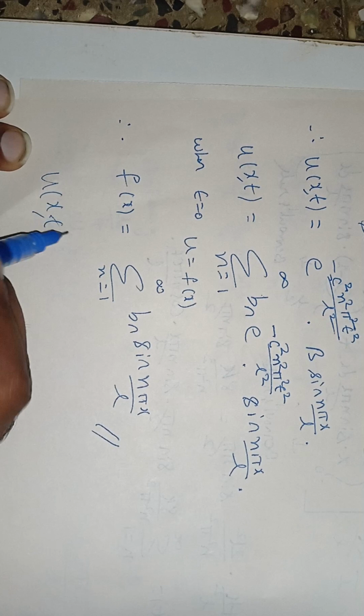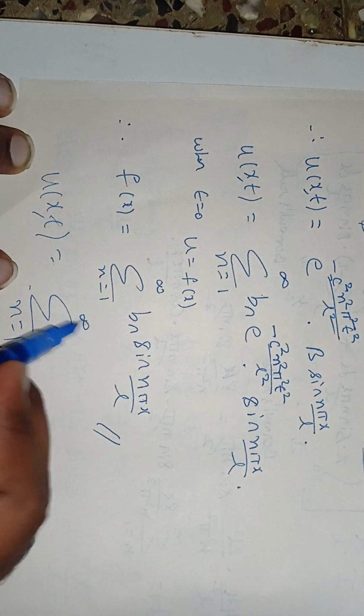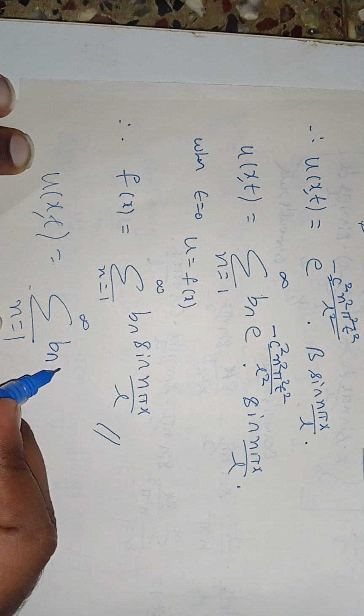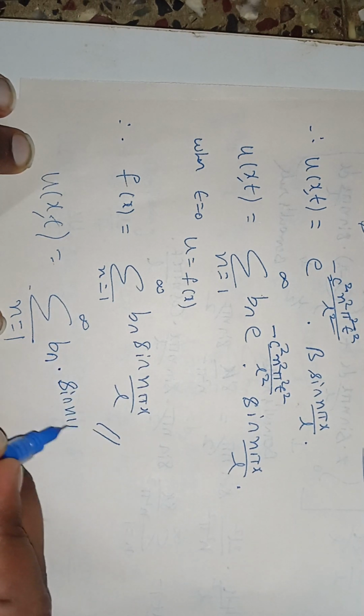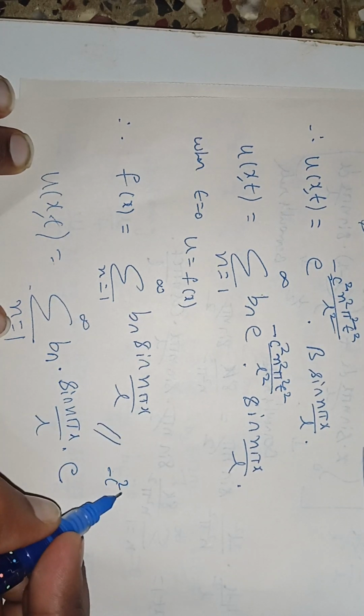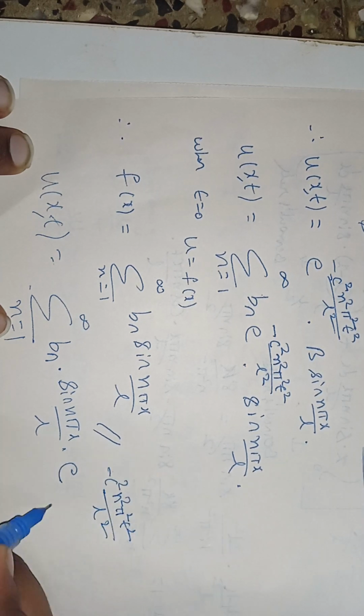So finally u(x, t) will be Σ (n from 1 to infinity) bn sin(nπx/l) multiplied by e^(-c²n²π²t²/l²).